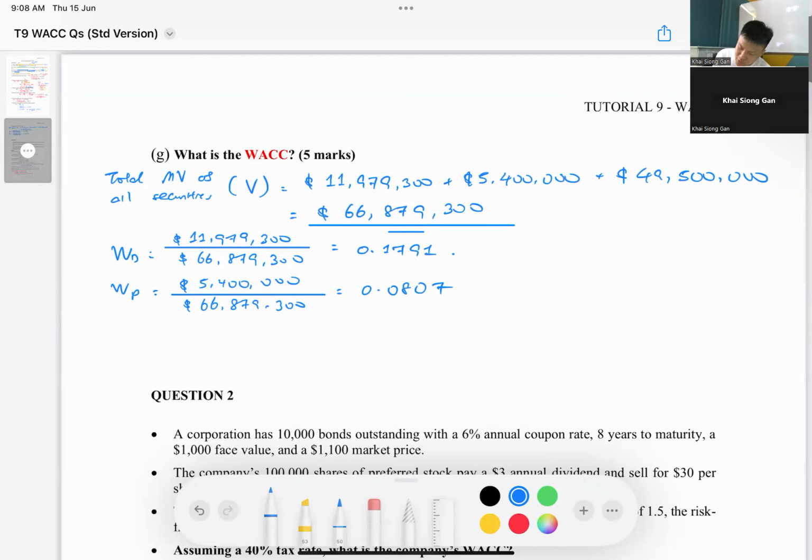Remember all these are in decimals. Last one, the weightage of equity, common stock.